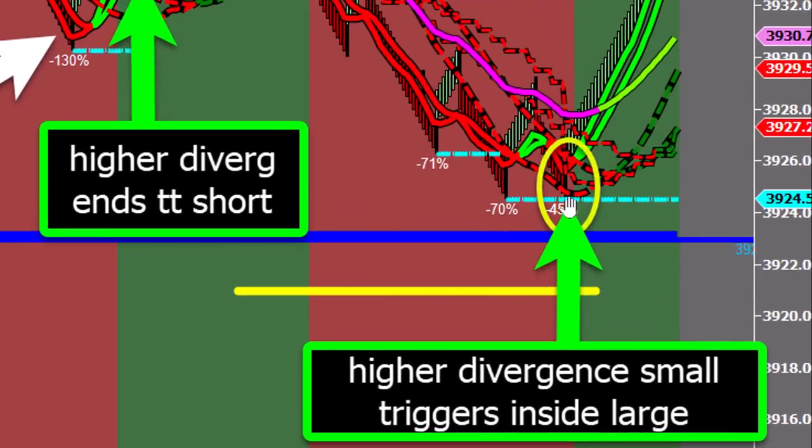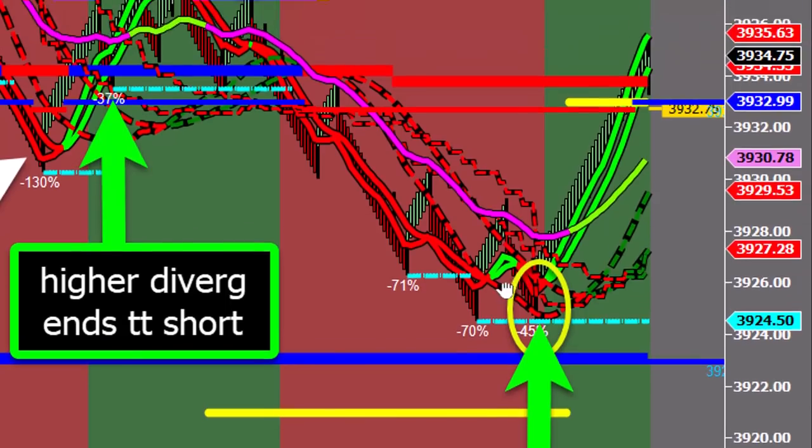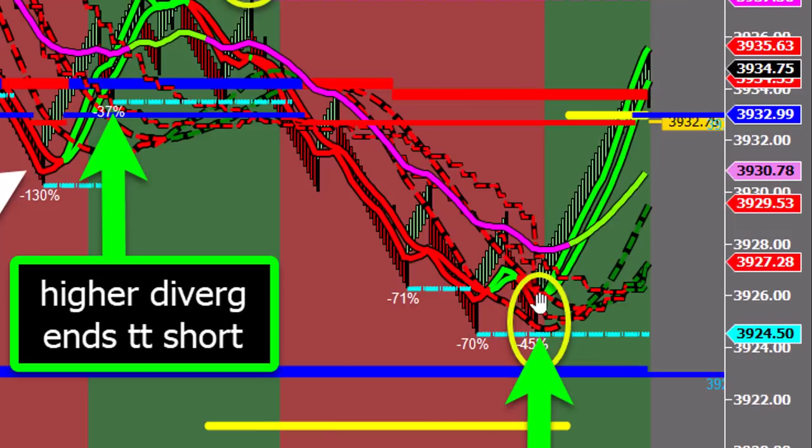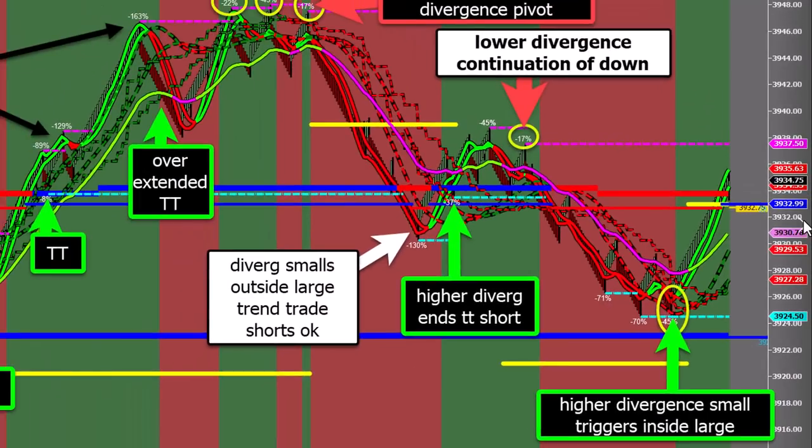Third divergence, small triggers are inside of the large, there's no more reason to hang on to a short position, because 3 is a termination, and a divergence with small triggers inside tells you that the market's probably going to go back up. So it makes the management of your trades very, very easy.